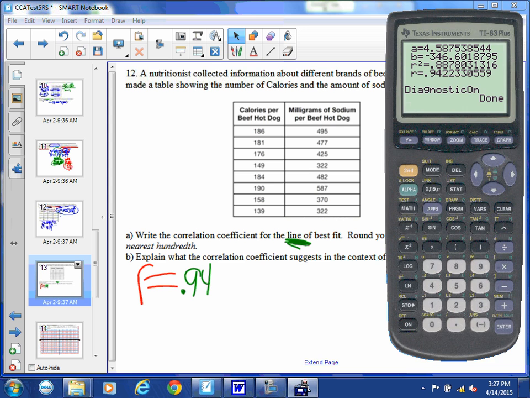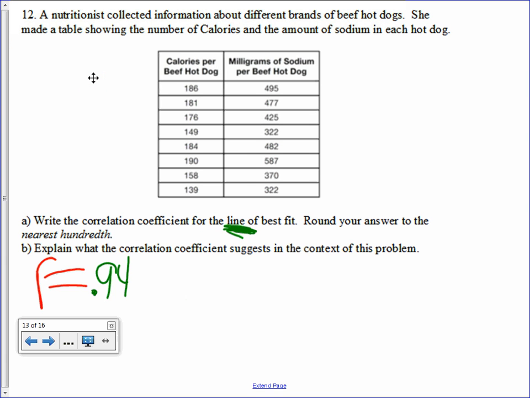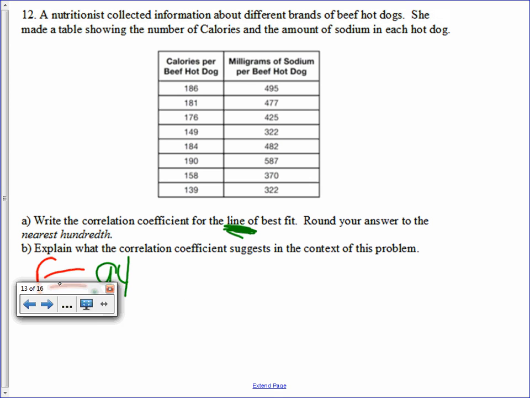Explain what the correlation coefficient suggests in the context of this problem. Well, 0.94, that's a pretty good correlation. It's very close to 1.